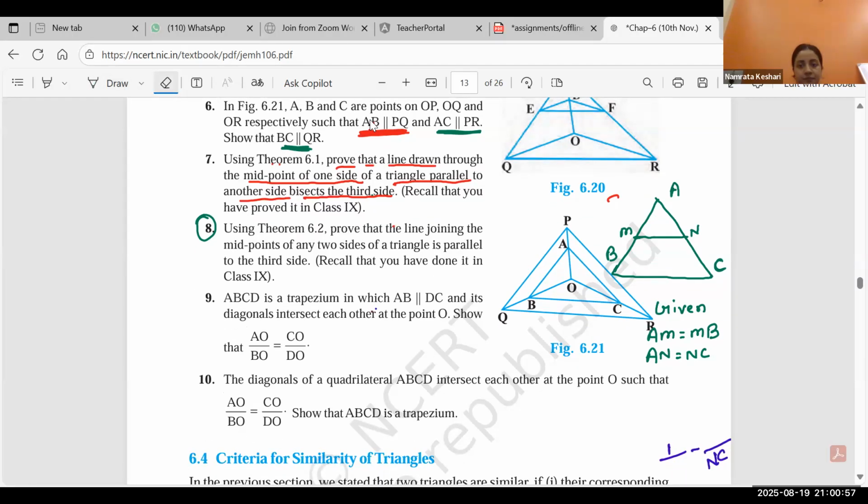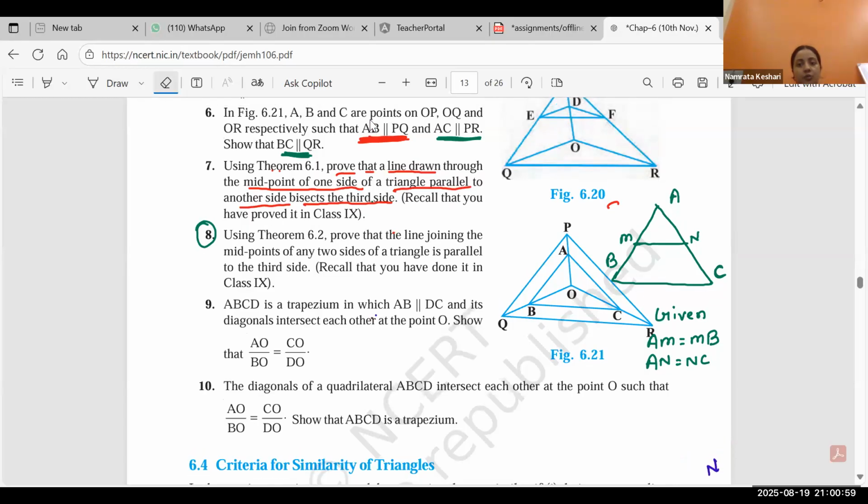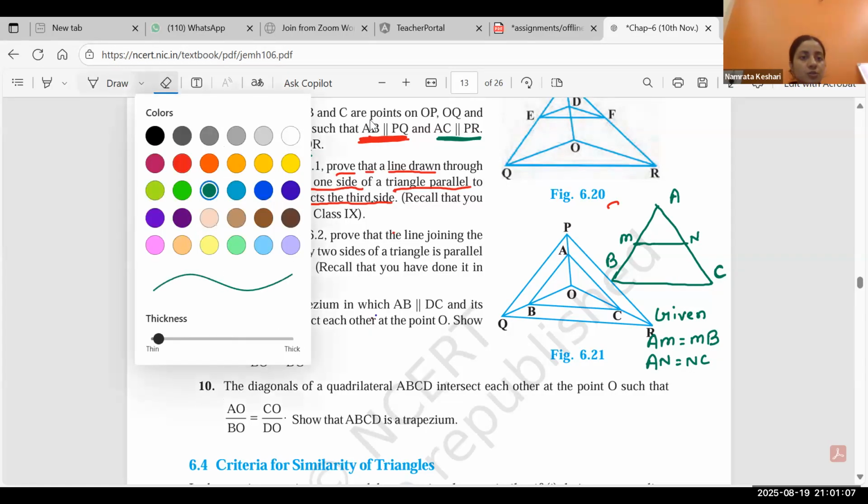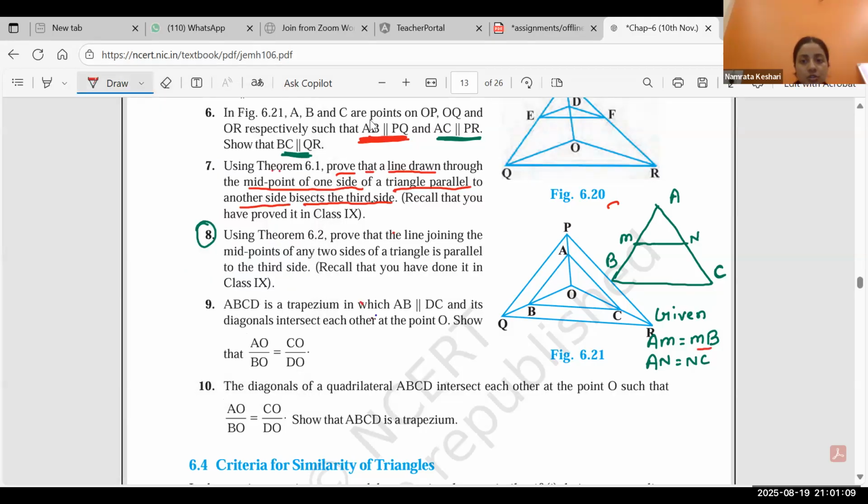Yes, ma'am. Okay, now think how we will prove parallel. Whenever we have two equations, see equation number 1, equation number 2, these two are given to us. Whenever you have two equations in maths, pair of linear equations in two variables you have done, from there you know you can add two equations, you can subtract two equations.